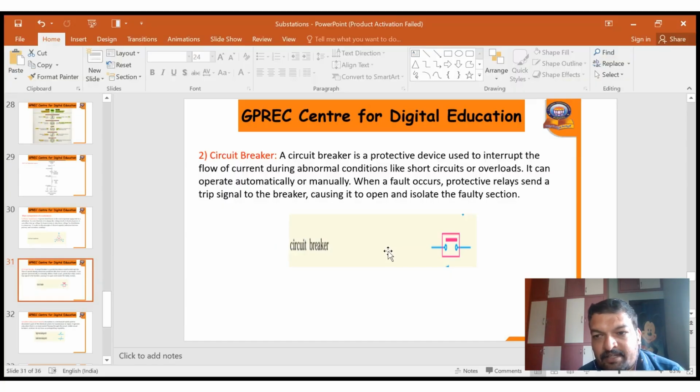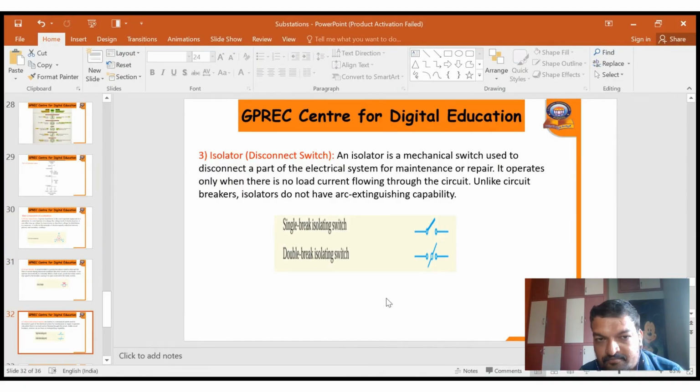It can operate automatically or manually. When a fault occurs, the protecting relays send a trip signal to the breaker, causing it to open and isolate the faulty section. So the circuit breaker interrupts the supply and receives the signal from the protecting relay so that it will isolate the faulty section. That is about the circuit breaker.